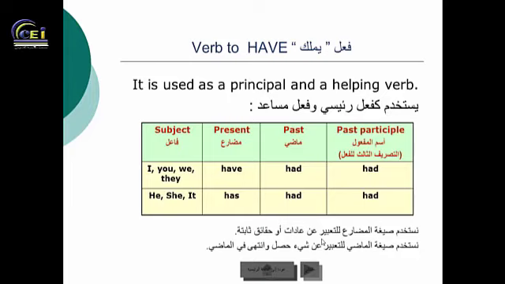The past of have or has is had, for all pronouns: I, he, she, it, you, they, and we had. And the past participle of have is had. Have is the present, had is the past, and had is the past participle. This is verb to have.